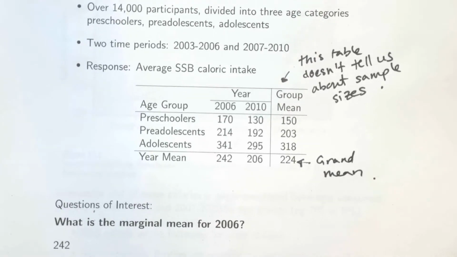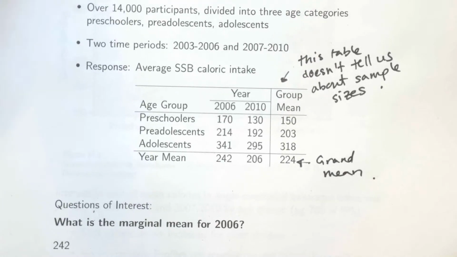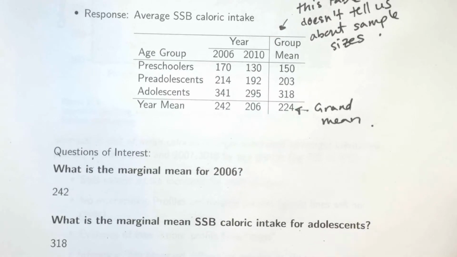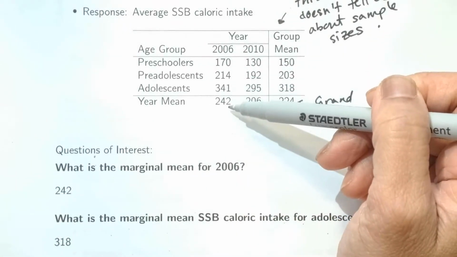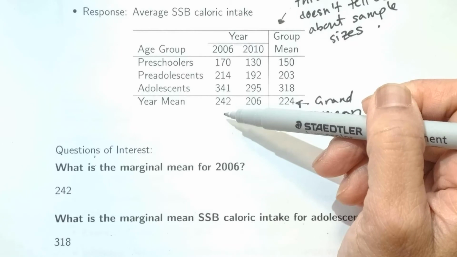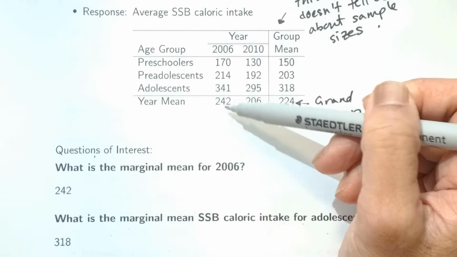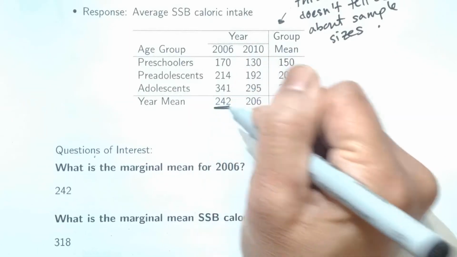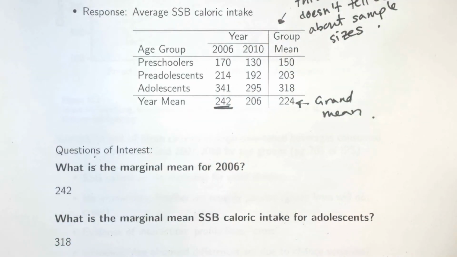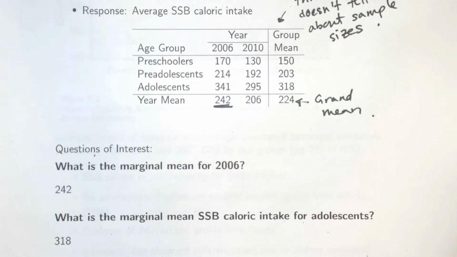So what are some questions of interest we might have? Well, to start, we might think, what is the marginal mean for 2006? Well, the marginal mean, remember, means we want to look on the year margin, and we will more or less ignore or wash away information about the preschoolers. So that's this 242 right here. What is the marginal mean for sugar-sweetened beverage consumption or caloric intake for adolescents?